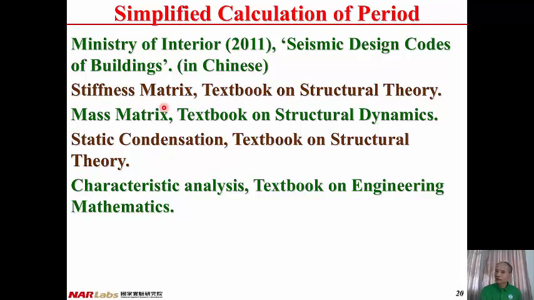You can find information about stiffness matrices in any textbook on structural theory, and mass matrices in any textbook on structural dynamics. Static condensation you can find in any textbook on structural theory, and characteristic analysis in any textbook on engineering mathematics.